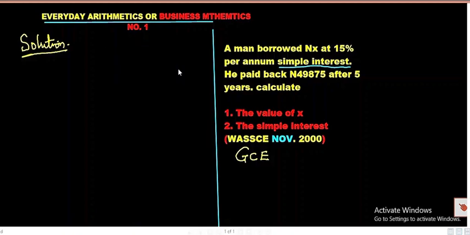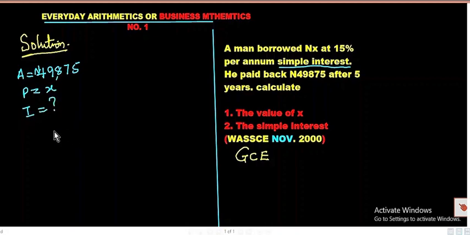Now I'm going to start by saying that amount is given as 49,875 naira. Please, you need to put that symbol for naira. And the principal is just X. And the interest is what I do not know.